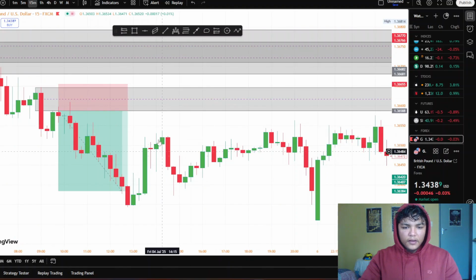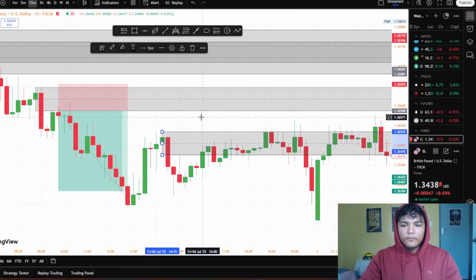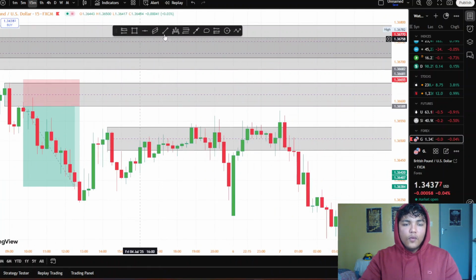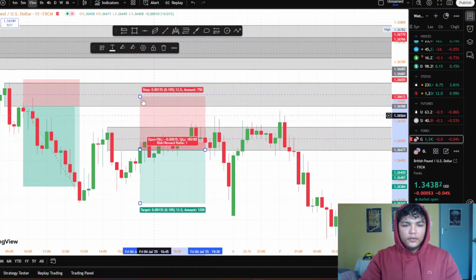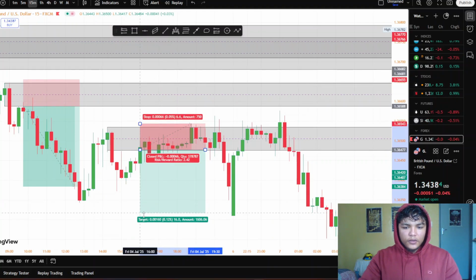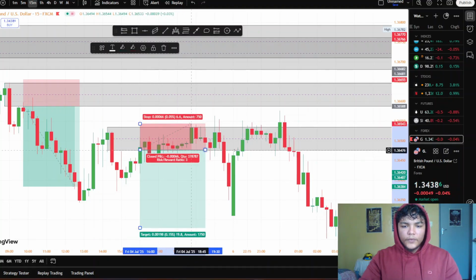This is an order block as well, but as you can see on this side, there are a lot of liquidity grabs. A lot of liquidity grabs. Because if you would have placed the trade right here, below, targeting the 1 to 3, you would have been stopped out.